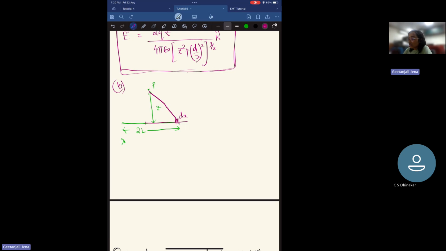But as you solve different types of problems, you will become more comfortable in finding the field even after using the first method, because you know the steps. You can easily find out what the symmetry is or which component is cancelling. Then you won't take that long to find the electric field.